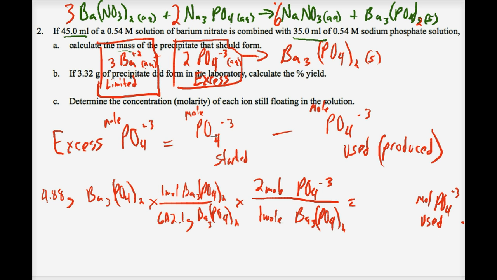For the other side of the coin here, for our starting material, again, I erased my math from the first section when we found the excess sodium. I could have easily used this information, but it won't take me but a few seconds to put it back up there. 0.035 liters of Na3PO4, and in 1 liter of sodium phosphate we had 0.54 moles.